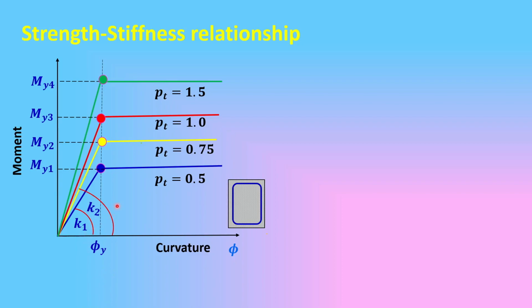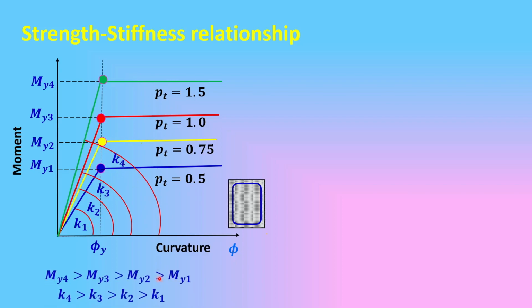For the second line, for steel percentage 0.75%, you get the tangent of this line say equal to K2, and similarly for third one K3 and fourth one K4. Since the angles are increasing, the tangent of that angle is also increasing, so K1, K2, K3 are gradually increasing in magnitude.